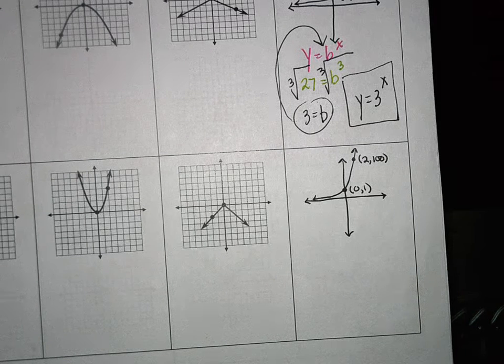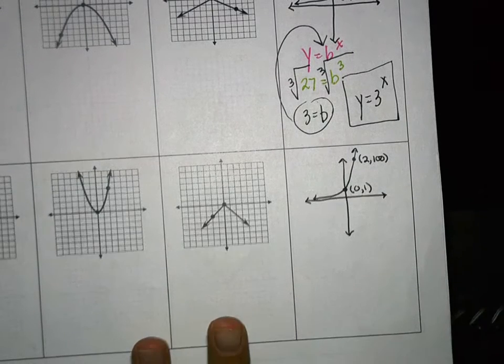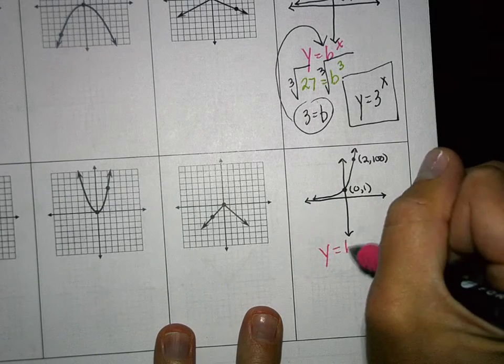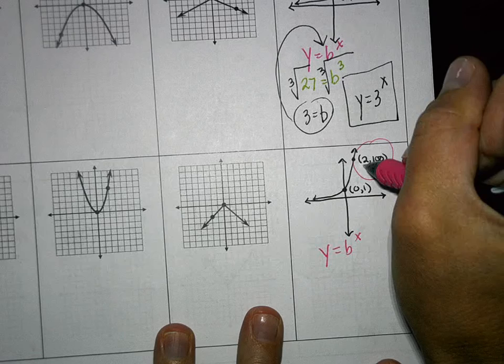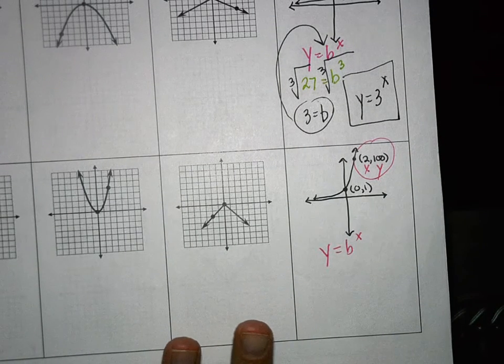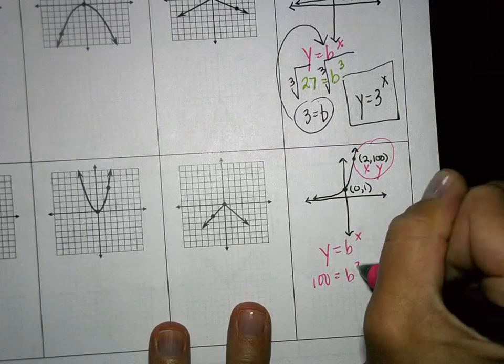Good. Okay, so here we go. Some of you made a silly mistake, I think. Y equals b to the x. Again, I'm using this point. Okay, so we get 100 equals b to the second power.